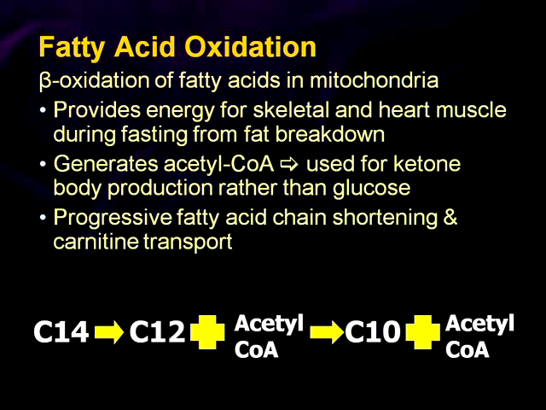So depending on where your defect is, whether you're a very long chain, a medium chain, or a short chain. Whenever you look at your acylcarnitine profile, knowing whether you're elevated in your C6s, your C10s, your C14s, your C18s tells you if you are short, medium, long, or very long.